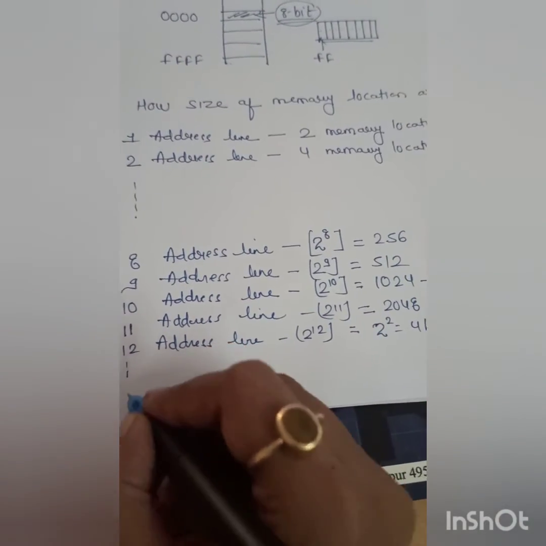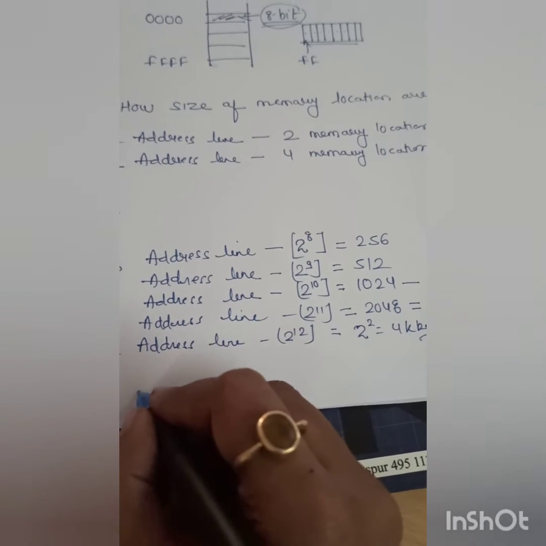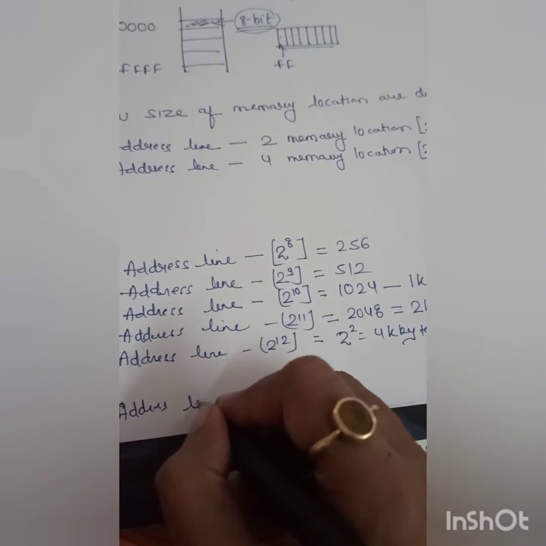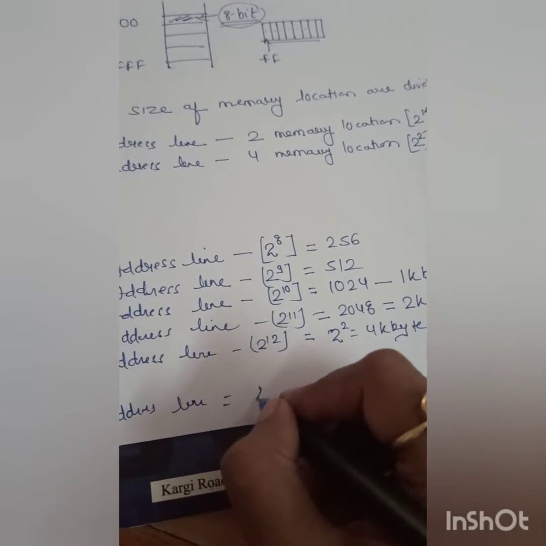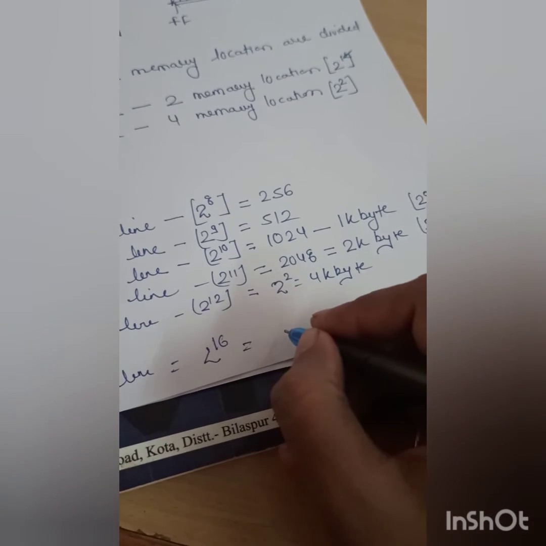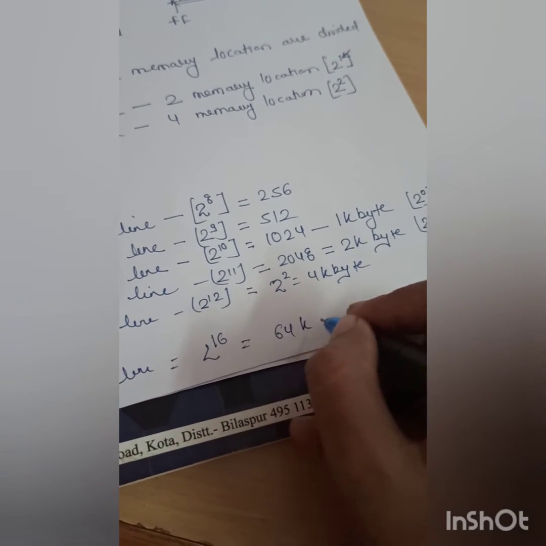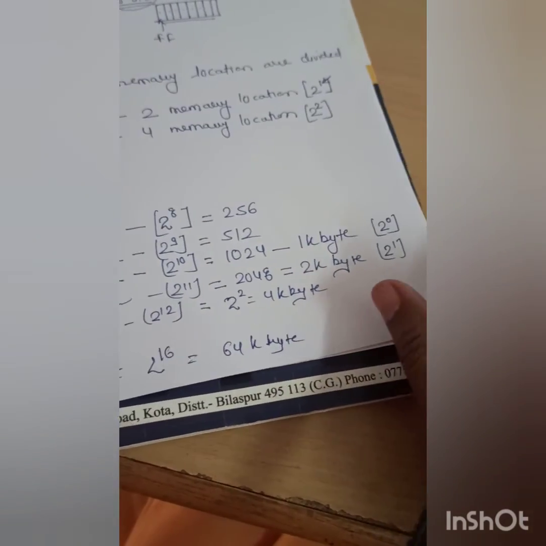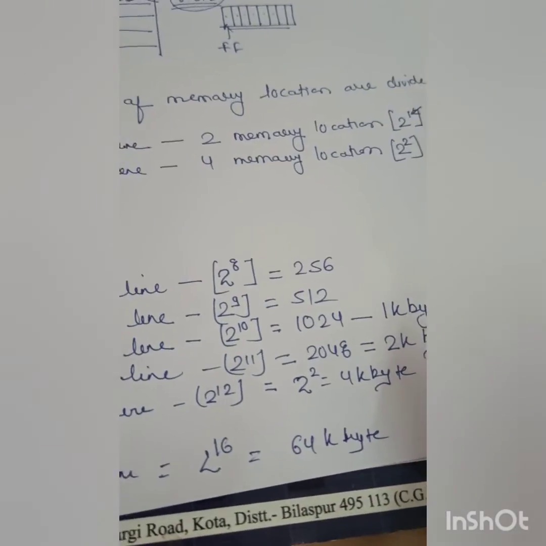Now, as there are 16 address lines, that means 2 raised to the power 16, which is 64 kilobytes. That's why we call it 64 kilobytes of memory used in 8085.